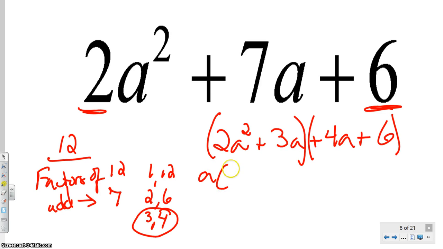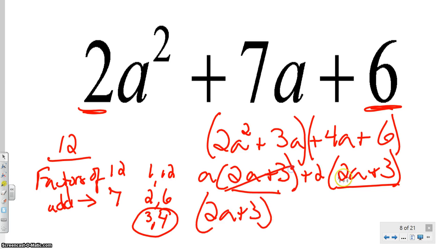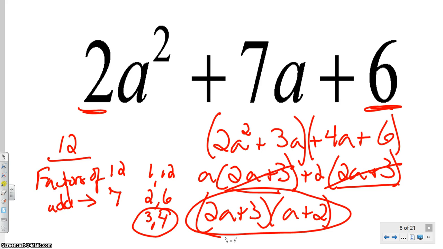So I get 2a plus 3. Here I'm going to factor out a positive 2. So I get 2a plus 3. These are the same. So I rewrite that. Cross them out. And what's left over, put within its own parentheses. And there we go.